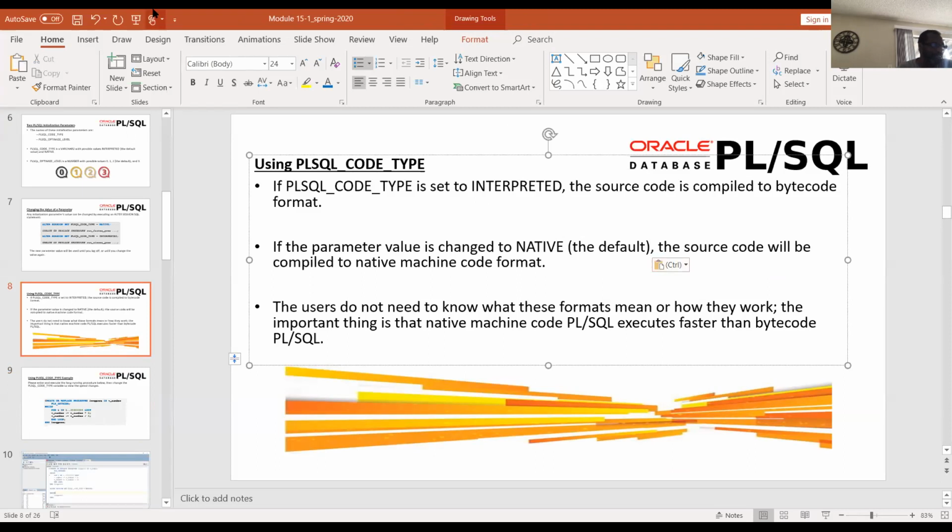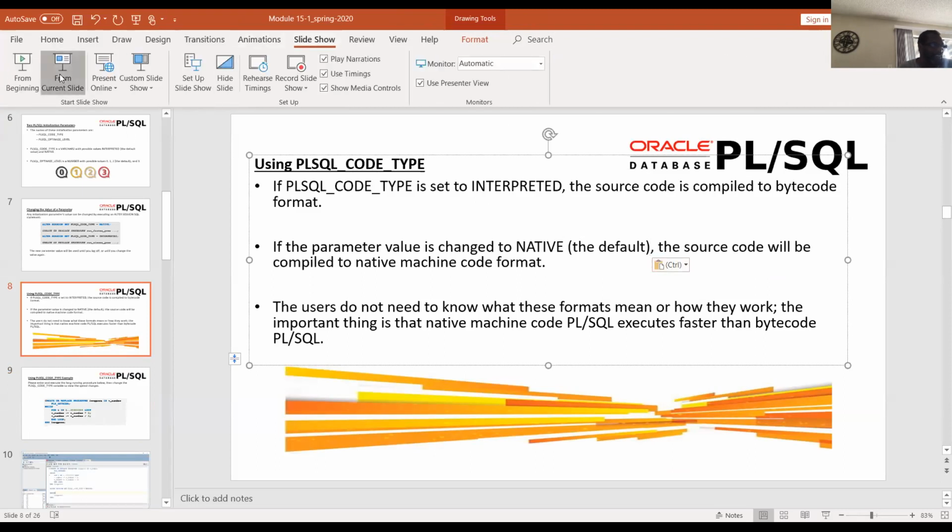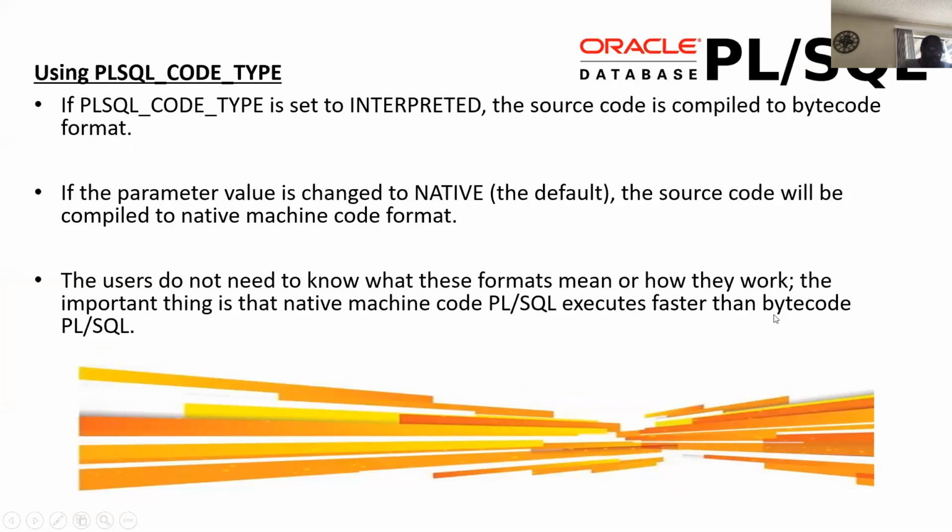All right, so the difference between the two, to offer a very brief explanation: interpreted simply means that the source code is compiled to bytecode format. Actually, bytecode format is the native. And native machine code format.